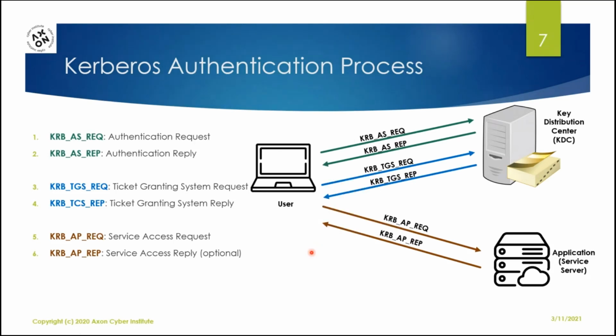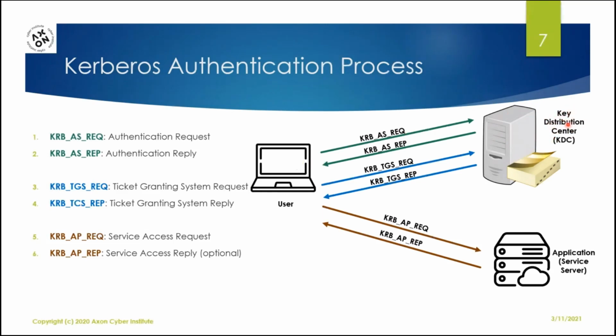I want you just to remember one thing: there are 3 pairs in any Kerberos authentication or any Kerberos access to a service or a resource. The first pair, as you can see here in green, is the authentication request and reply. It talks to the Kerberos server, this is the Active Directory.